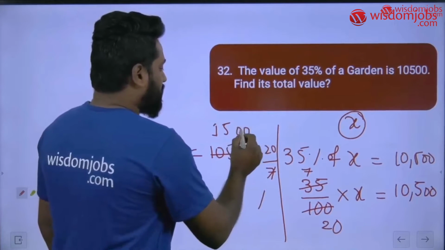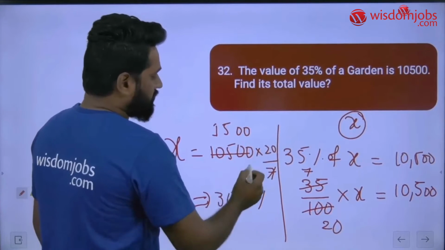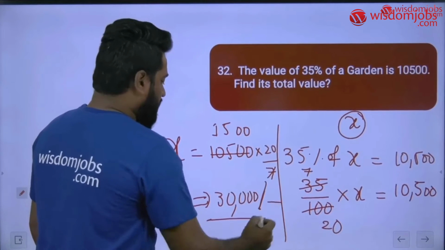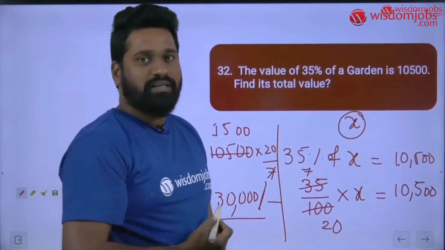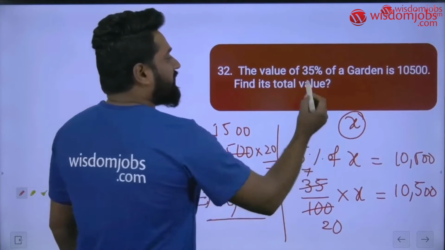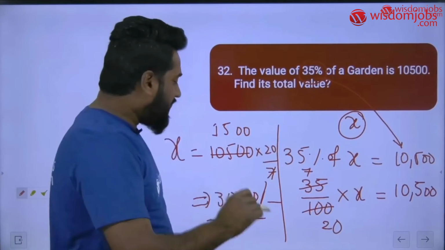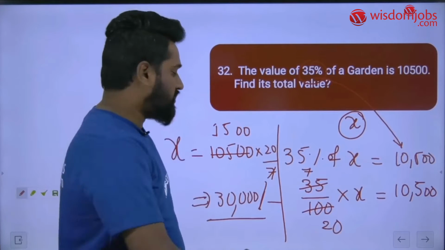So 2 zeros and remaining is same. So 15 2s are 30, here you have 3 zeros. So this becomes your final answer. x is nothing but 30,000 square meters. Because here the 35% value is given, that is 10,500, and here we are finding the total value x, we are getting 30,000 square meters.